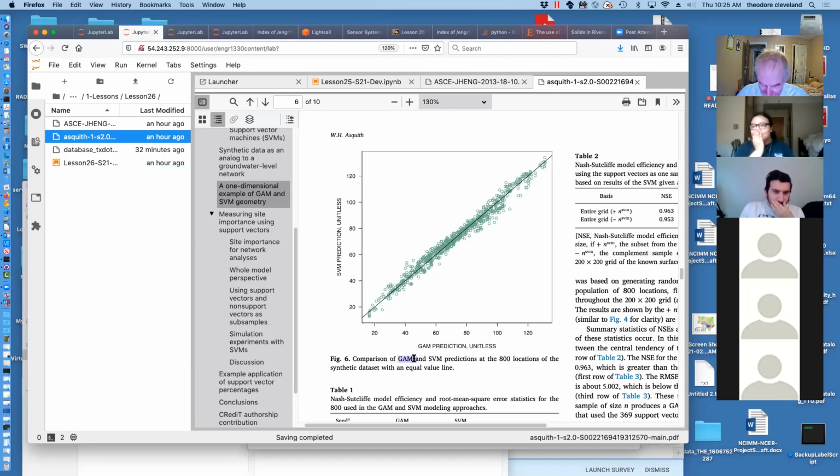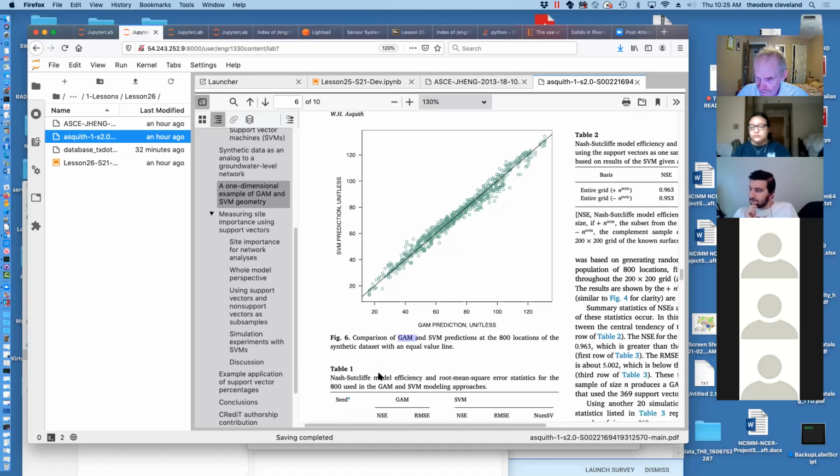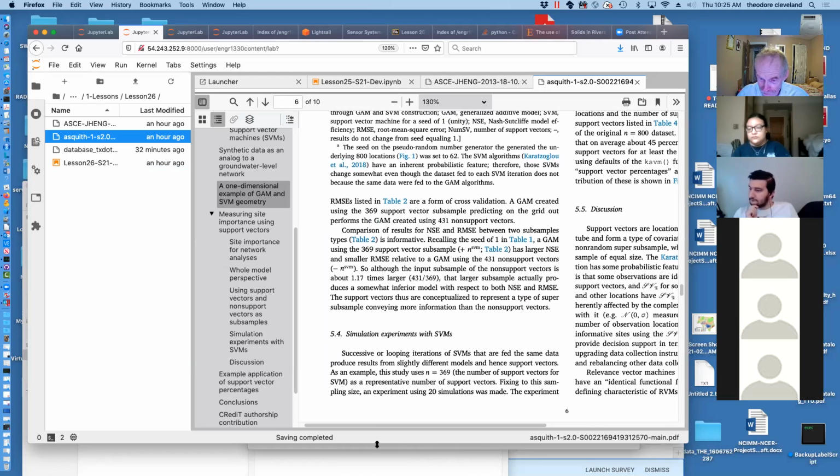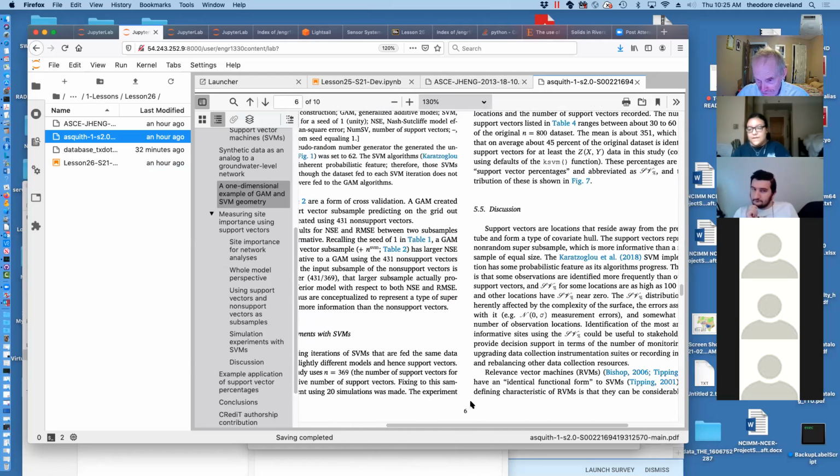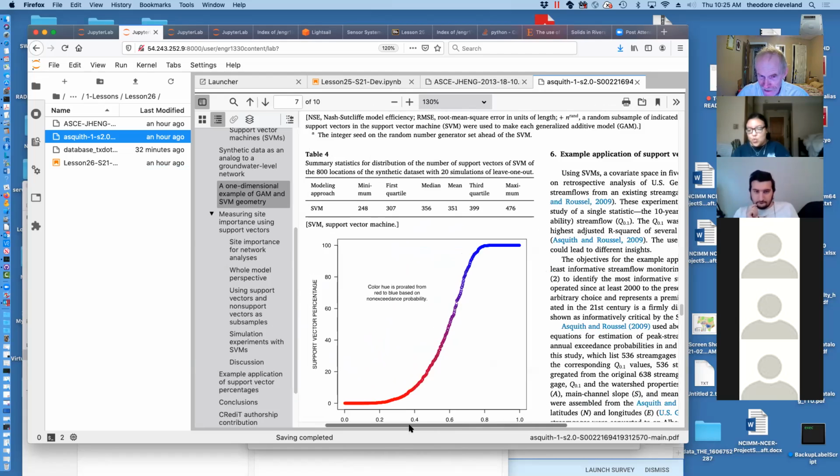Generalized additive models are pretty well accepted in the industry, and support vector machines are considered weird, so nobody trusts them. But this plot is the author's attempt to argue that the support vector machine and the GAM model are pretty much producing similar results, but we want to use a support vector machine because we can go into a no brain required type of analysis.